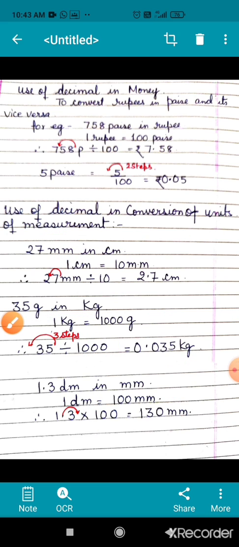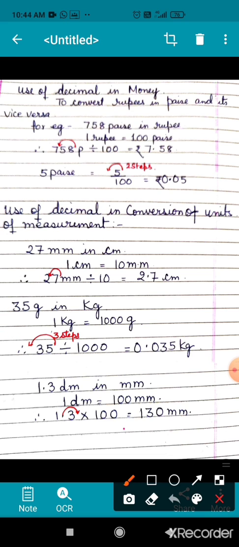So you will multiply 1.3 by 100, and in multiplication the decimal moves towards the right side. And here how many steps will it move towards the right? 2 steps. Okay, and here you can see after the decimal only one digit is present, so you will place 1 zero to make it 2 digits.